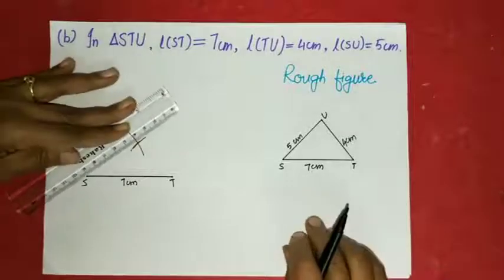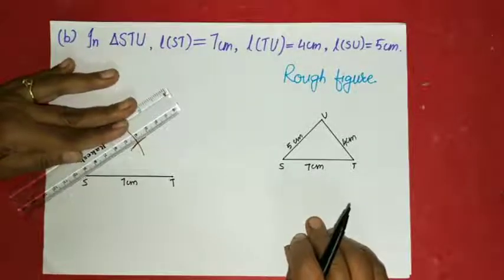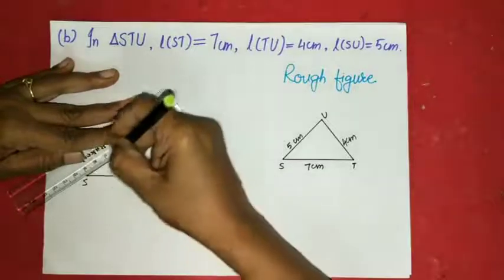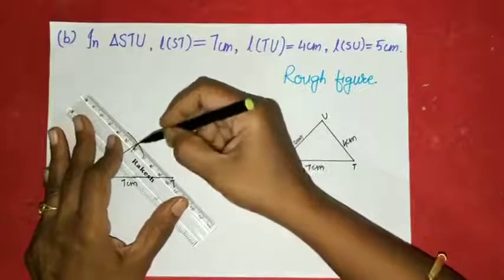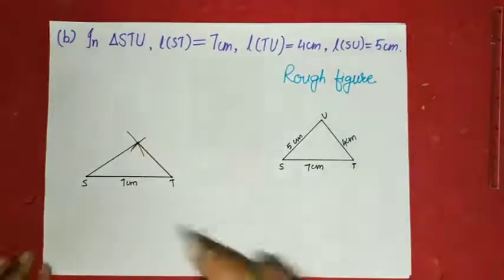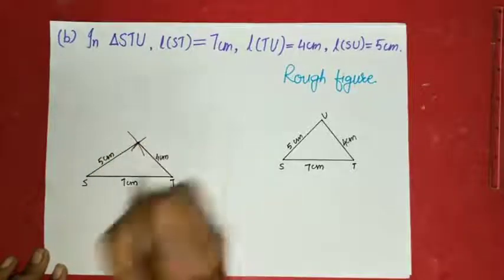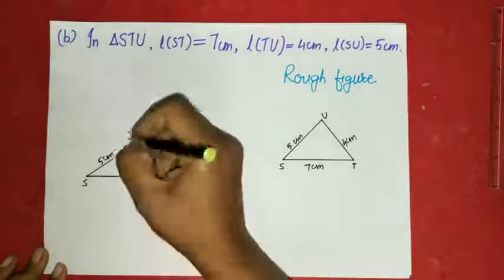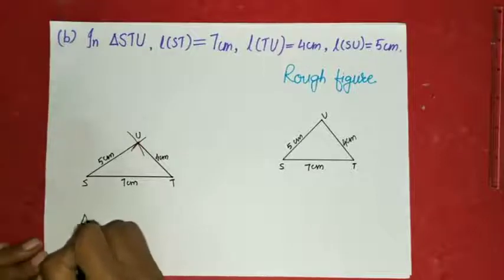Now join it. This segment is of 5 centimeter and this segment you are getting here is of 4 centimeter. Now write the measures here. This is of 5 centimeter and this is of 4 centimeter and name of this vertex is U. So now you will write here triangle STU is the required triangle.